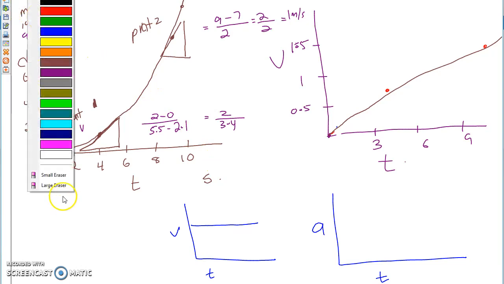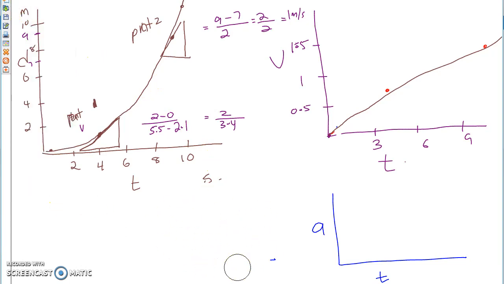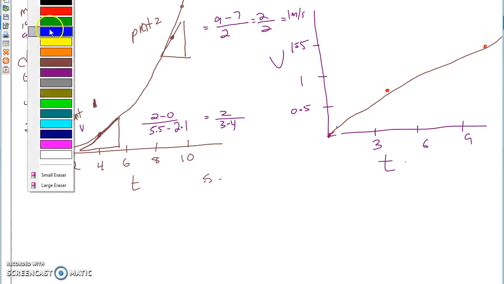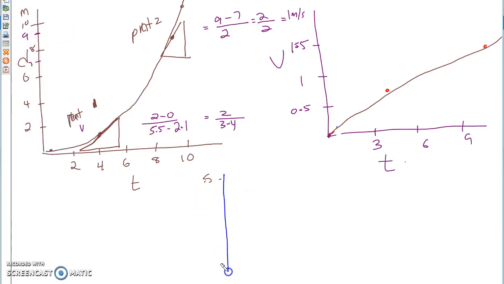So in this situation, I've got my VT graph right here, and now I'm going to go from the VT graph to an AT graph. AT, of course, is an acceleration time graph, in meters per second squared and seconds. So I'm going to take 2 points.